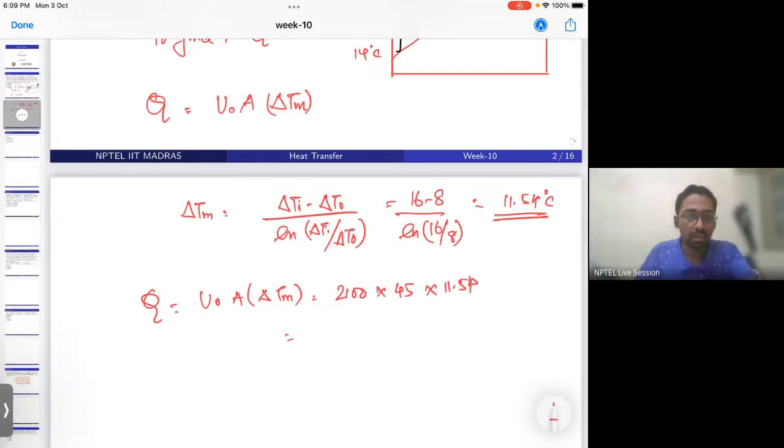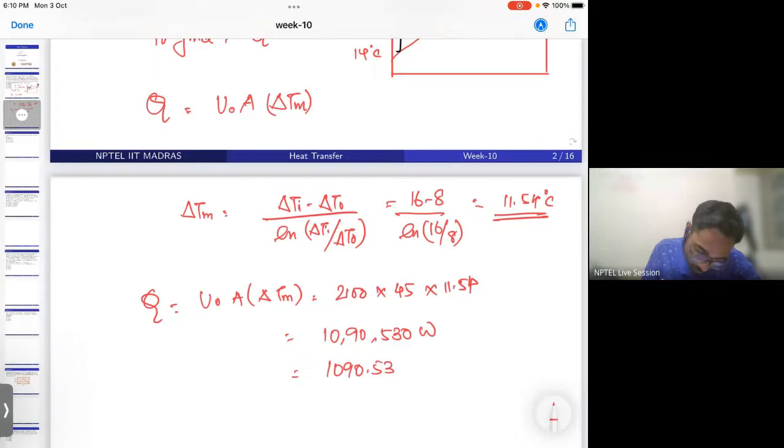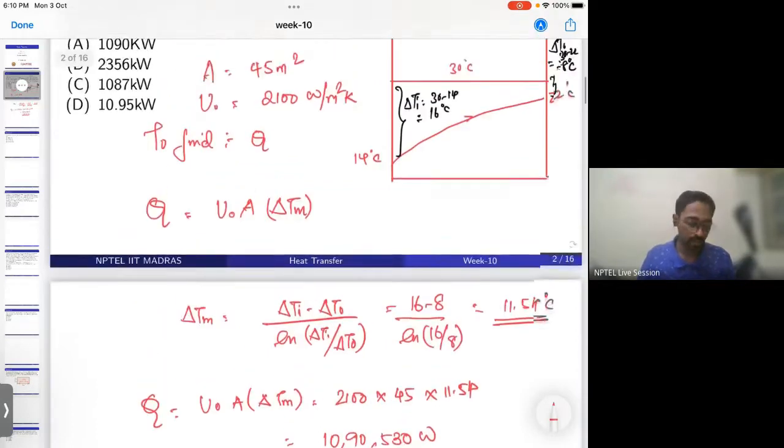If you calculate it, you will get the result in kilowatts. This is the heat transfer in the condenser. I hope this question was clear, because we have done a lot of similar types of questions in the previous class.